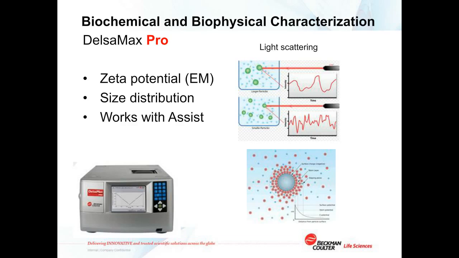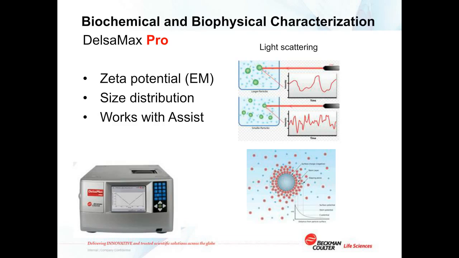Typically, as you're applying a potential to a solution that has salt, there will be bubbles generated due to the electric current. And because bubbles scatter light, they interfere with your ability to collect zeta potential measurements.